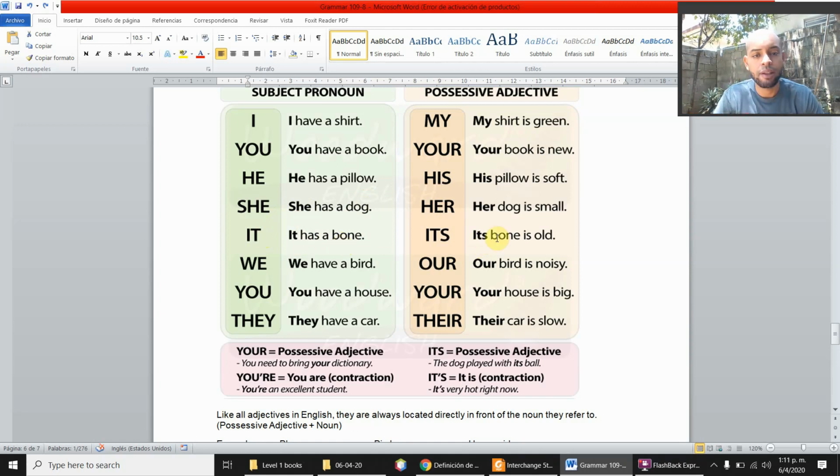So yeah, its represents the property of the animal, or it can be an area inside a building. For example, imagine I was talking about Morel Supermarket. Morel Supermarket is big. Its cafeteria is very nice. Talking about the cafeteria inside Morel Supermarket.